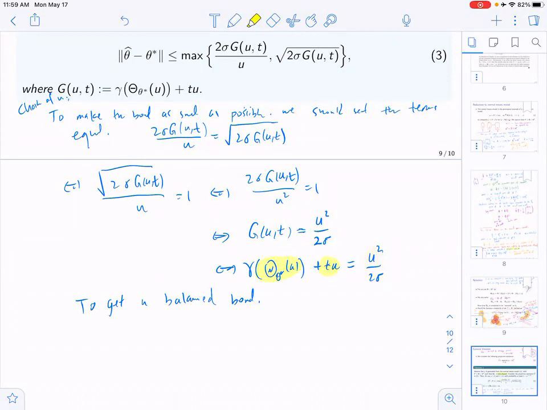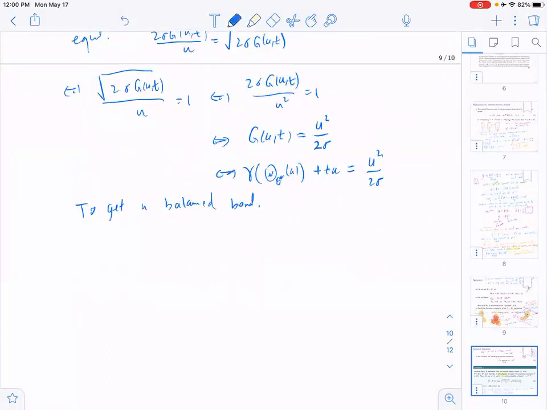If this is much larger than this, or this is much larger than this, then we're sort of losing. So we want these two to also be roughly the same. Basically I want gamma theta star u to be, up to constants, of the order of the other side, and also t u, up to constants, to be of the order of the other side.